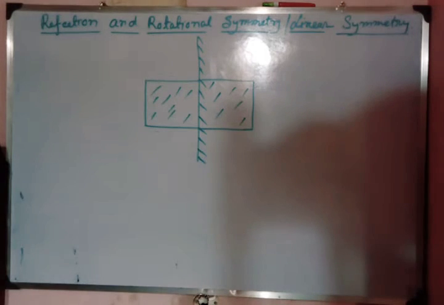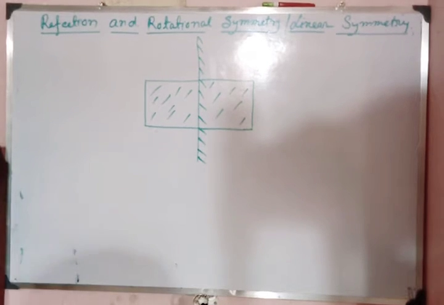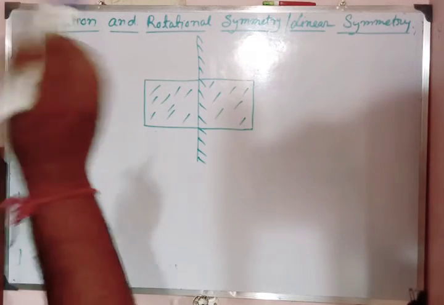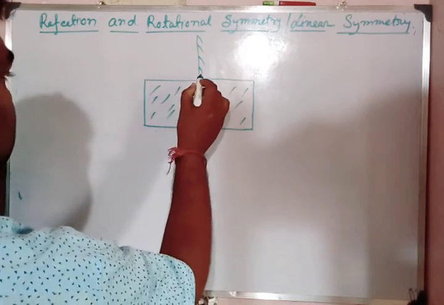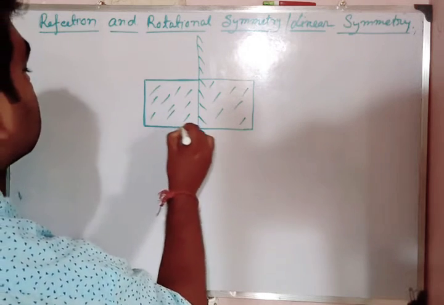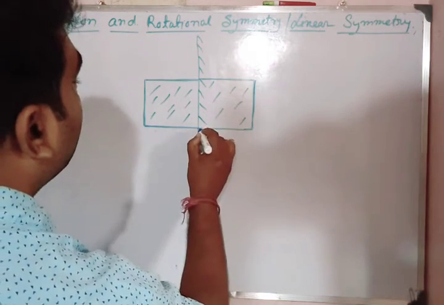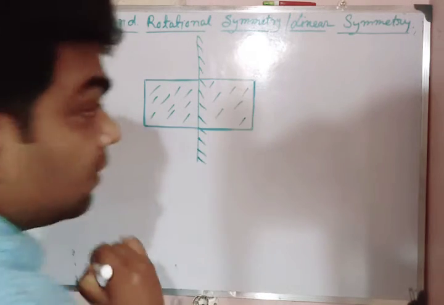As we can see, the object that I have taken and its reflection, I am getting an equal figure.